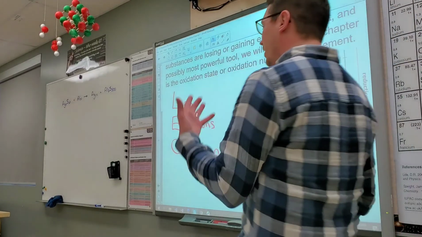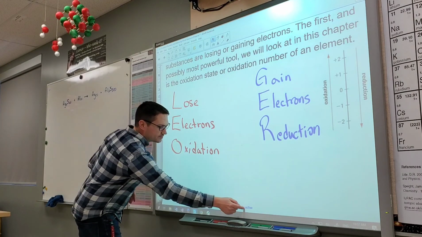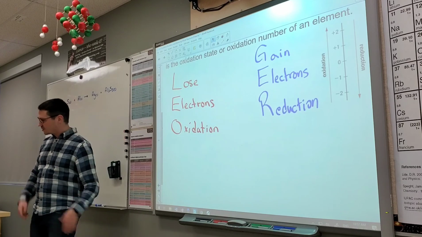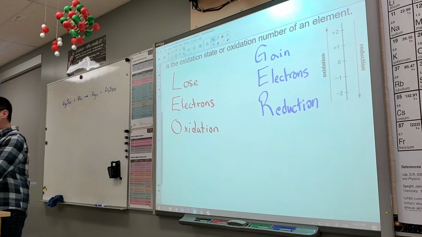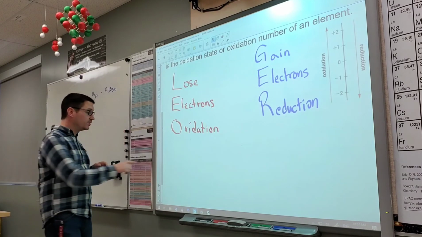Now, what I want to focus your attention on: losing electrons is oxidation, gaining electrons is reduction. That's fantastic, but if you don't know when something gains or loses electrons, that's really, really tough.